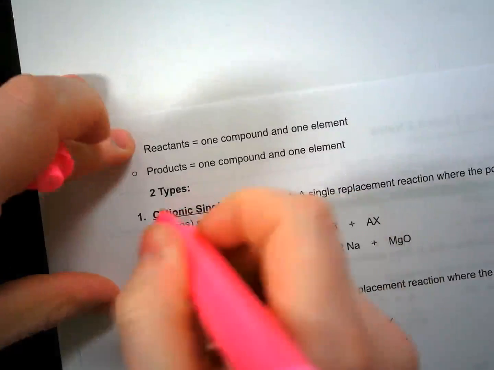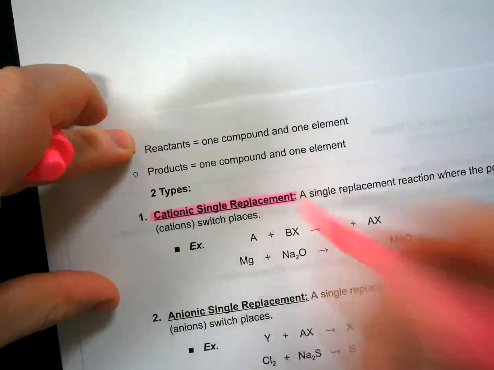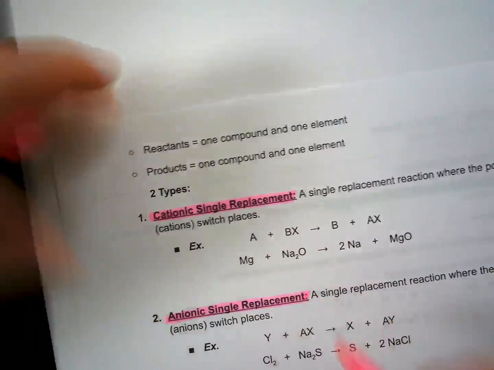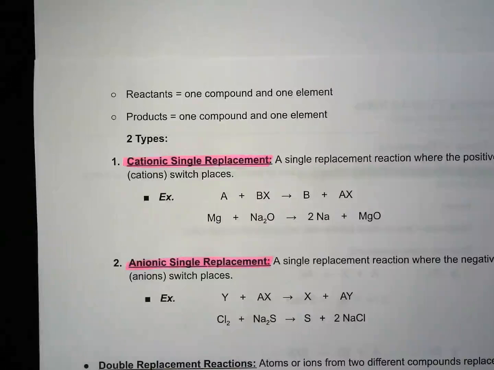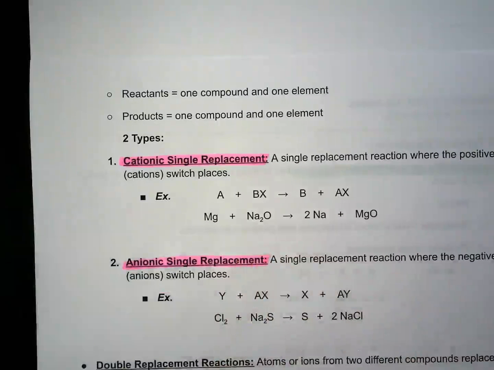The first form is going to be a cationic single replacement reaction, and then there's an anionic single replacement reaction. I'll just tell you that these 2 are the most commonly confused reactions, and if you get these 2 down, you're golden as far as understanding the difference between them.